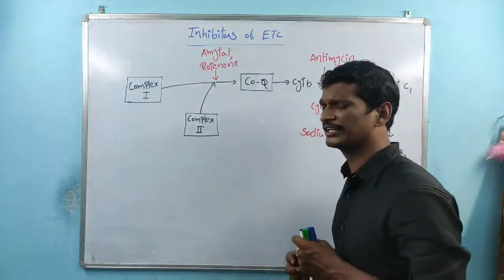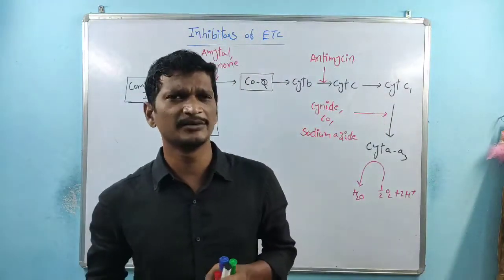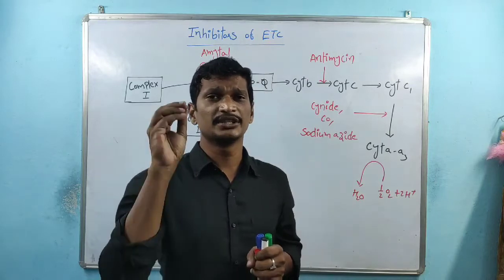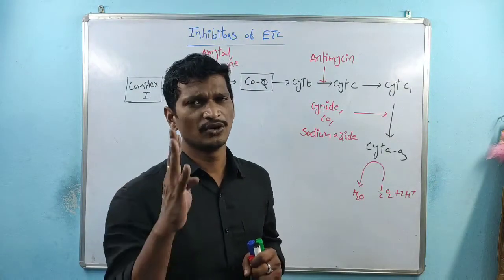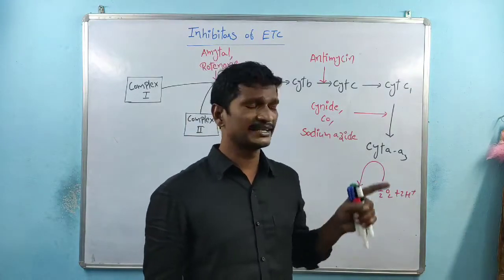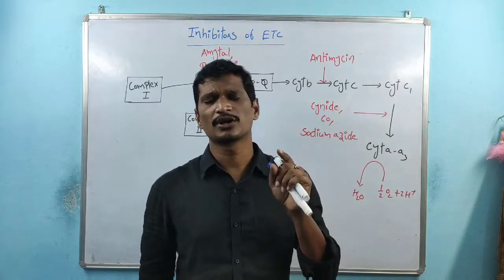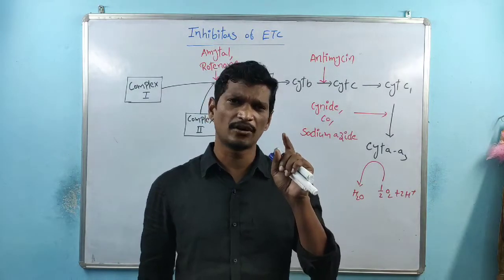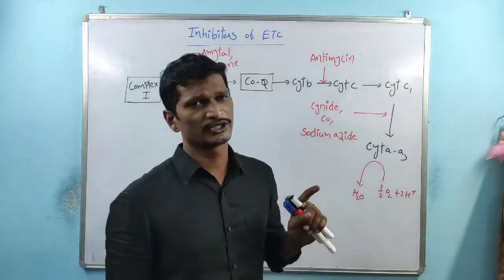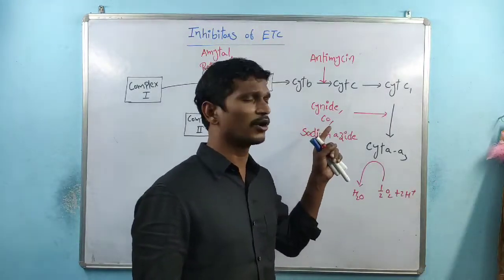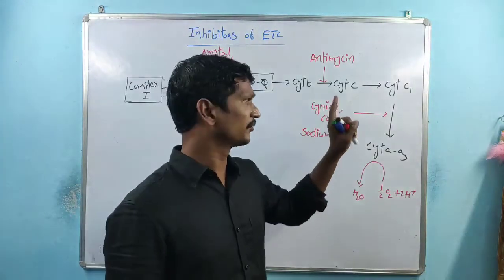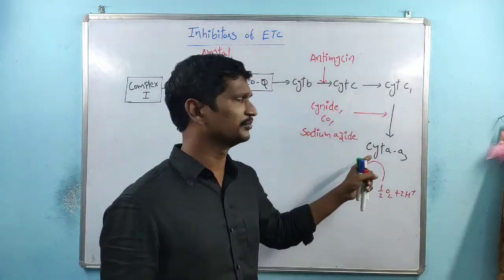We know about cyanide. If someone takes cyanide, the person will die immediately. Cyanide acts on electron transport chain complex 4. It blocks the electron flow from cytochrome C1 to cytochrome A3.